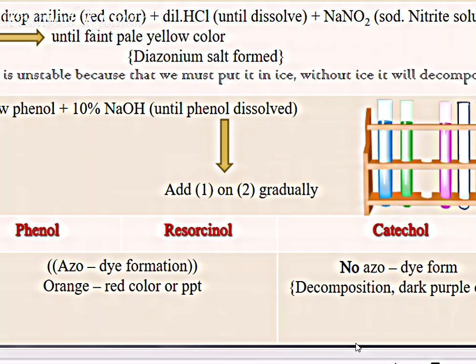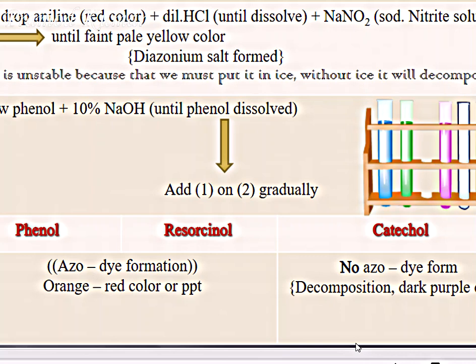So what happens in case of phenol? In case of phenol, you get an orange color. Phenol and resorcinol will give you orange to red color precipitate, whereas in case of catechol, there will be no azo dye formation.